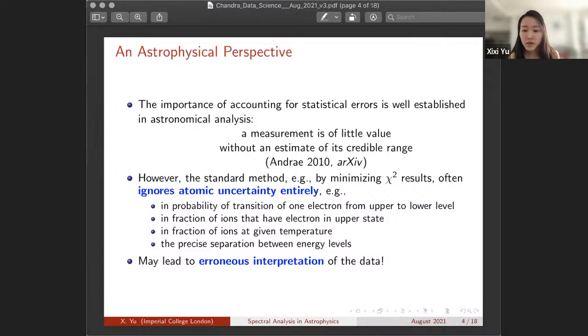After using it, we are able to obtain the best fit values of those plasma parameters. However, such a standard method would introduce bias in the estimation of model parameters and result in underestimation of the variance of these plasma parameter estimates, and may in the end lead to erroneous interpretation of the data.